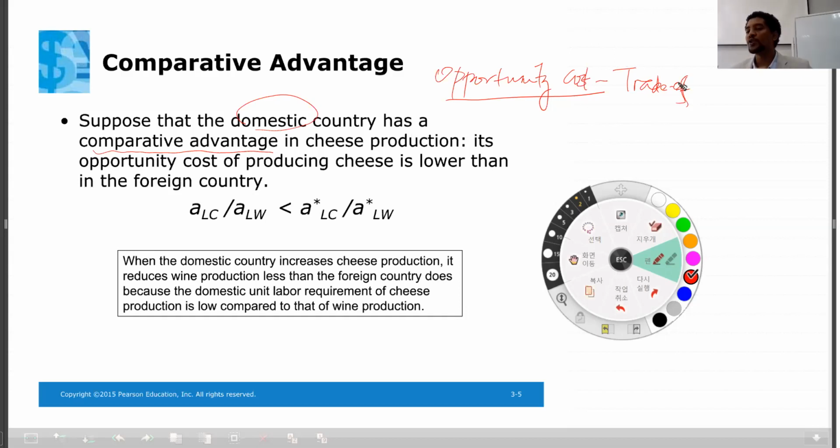Okay, so you produce cheese more. And this opportunity cost is the reason why countries trade, because opportunity cost is what determines comparative advantage. Okay, I will give you another example.